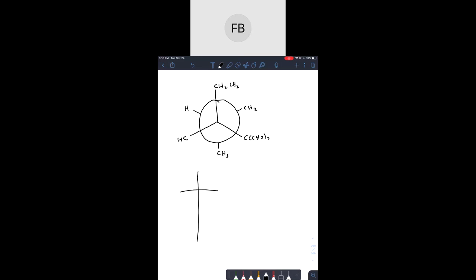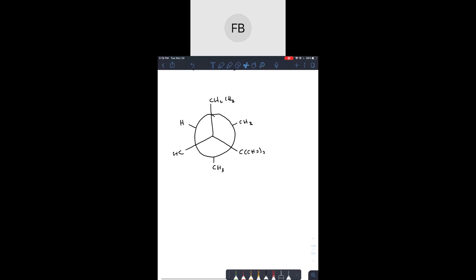Yes, Fisher projections are these, where we make sure the hydrogens are on this plane and going forward. Everything horizontal is coming forward, everything vertical is going backwards, and your longest chain typically goes in this direction. So that's a Fisher projection.